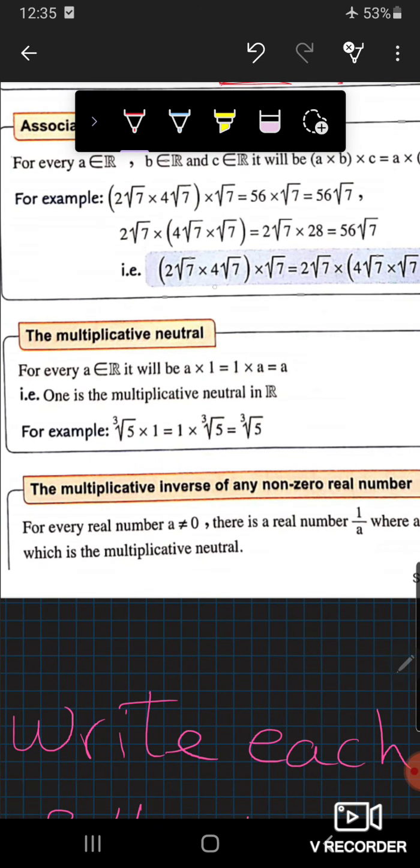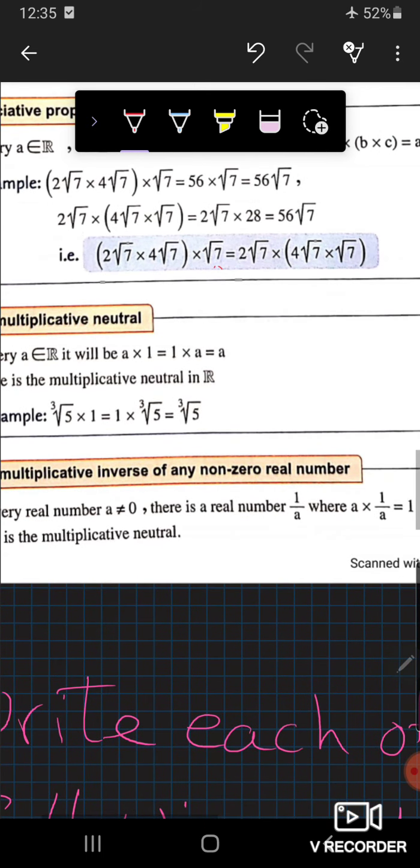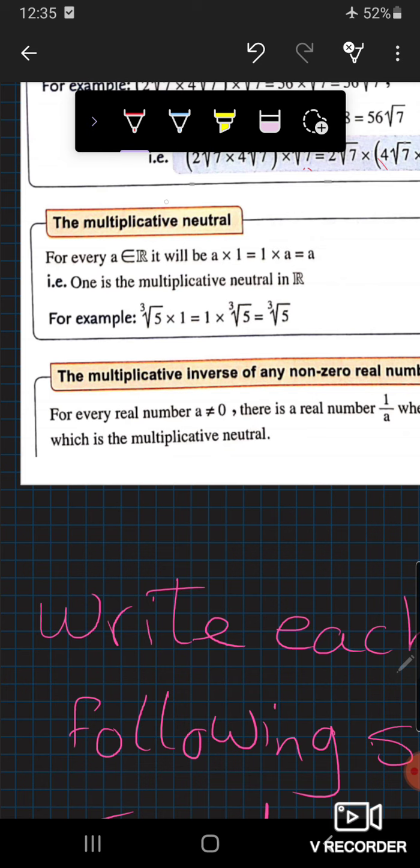Associative: just put brackets. Here you have 3 numbers, put brackets on the first 2 numbers or the last 2 numbers. What is the additive neutral? The additive neutral is 0. What about the multiplicative neutral? Here you have cubic root 5 times 1 equals cubic root 5. So the multiplicative neutral equals 1.